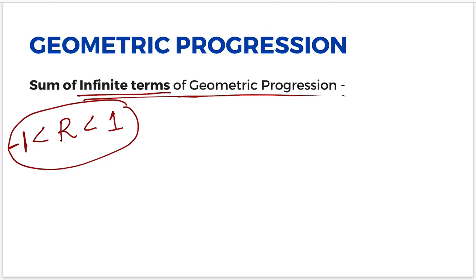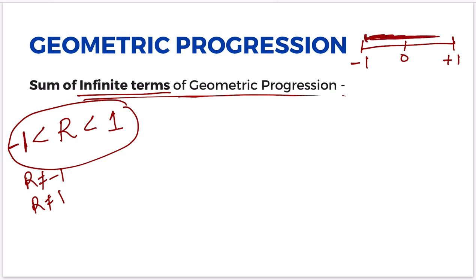So if someone asks you for the sum of infinite terms of a series, you need to know that the ratio has to be between 1 and minus 1, and it cannot be equal to minus 1 or 1. Only between this band, minus 1 and plus 1, is allowed as a common ratio and nothing else.